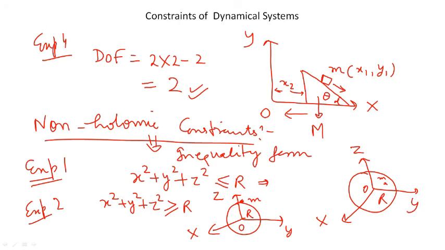So in that case the condition will be x square plus y square plus z square greater than r square. So again it is a non-holonomic constraint condition.